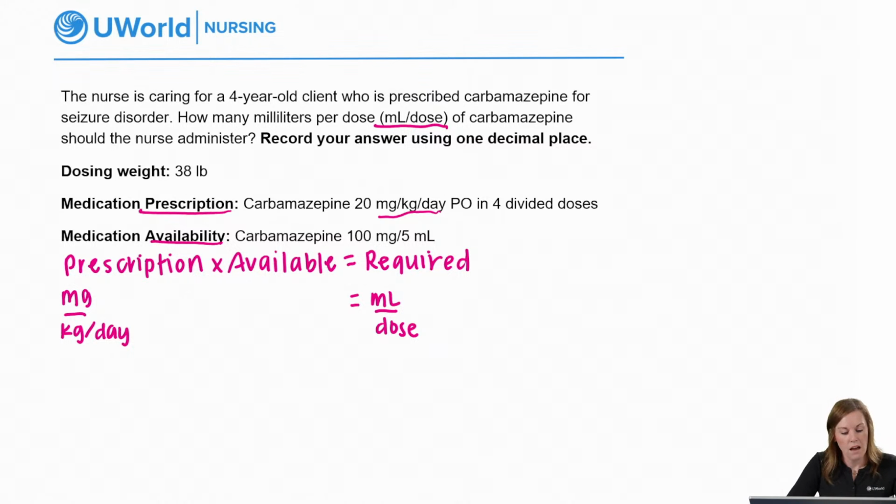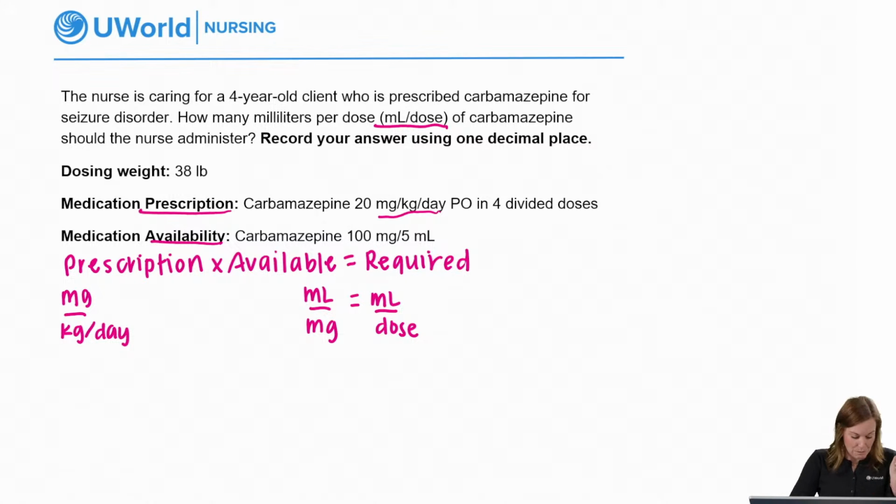So we're going to put our milliliters up here and our milligrams. We can see we're looking good on the top. We have a milliliter available on the top. We have dose on the bottom for what we're required, but day on the bottom for what we've been prescribed. So we know we're going to have to do some finagling there. And for our prescription, we have milligrams on the top and milligrams on the bottom, so we know that's good. We don't have to change our proportion.